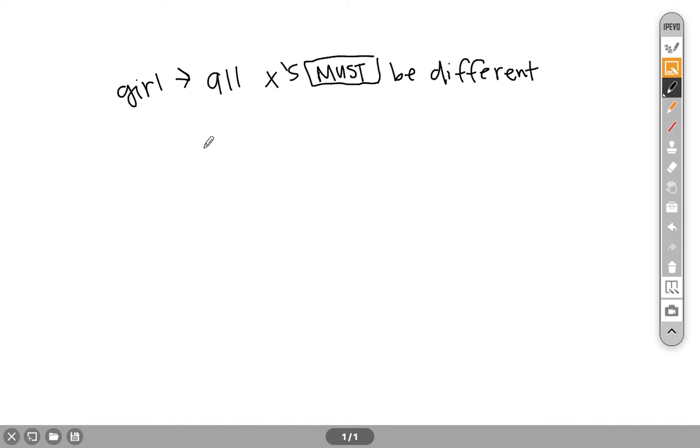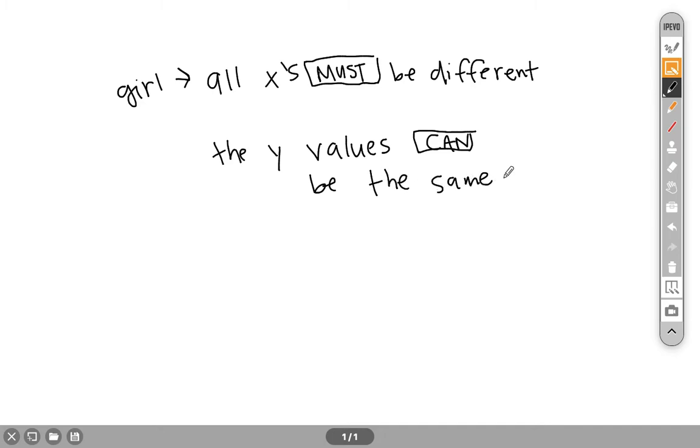But then it tells us that the y values can be the same, right? So think of your y values as your boy.